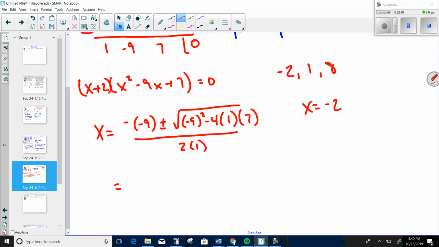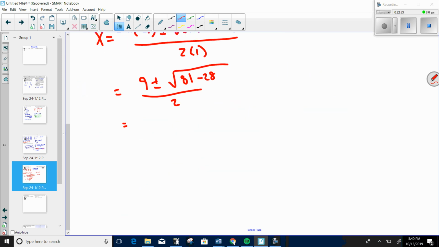So this becomes 9 plus or minus the square root of 81 minus 28 over 2.